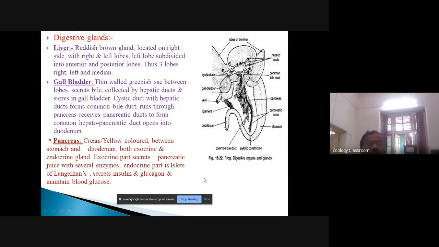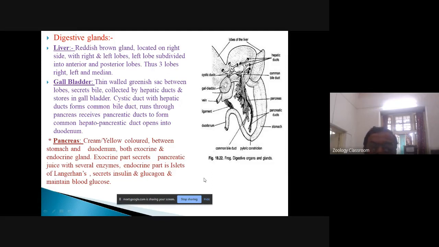Well, what is the role of glucagon? Glucagon increases the sugar level, meaning the functions of insulin and glucagon are antagonistic, exactly opposite to each other. That is, one decreases the blood sugar level and the other increases it.